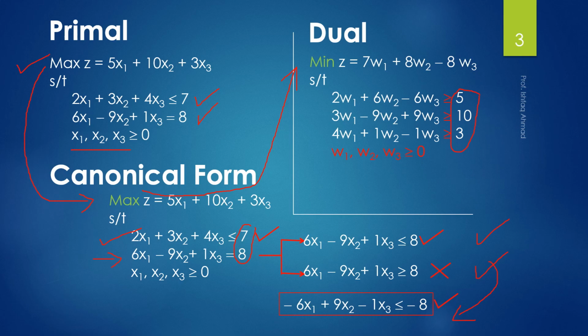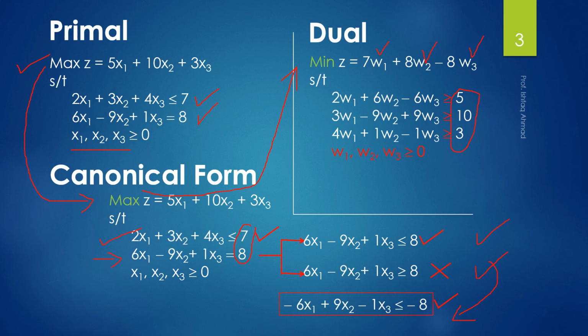We have three constraints in the canonical form, so we will take three variables, w1, w2 and w3, and as we have three variables in the primal problem, its dual equivalent will have three constraints as well.